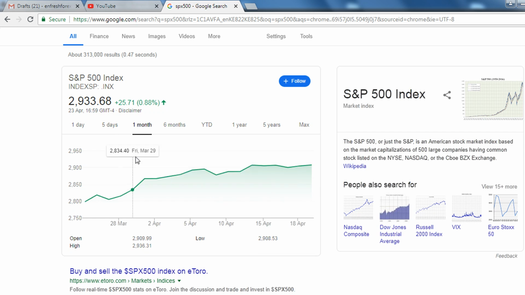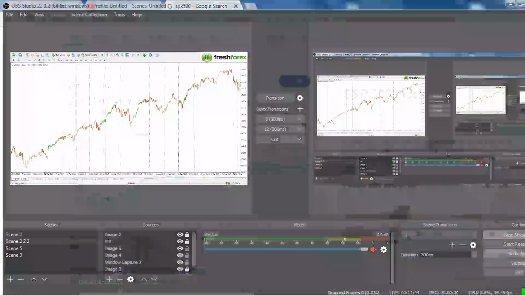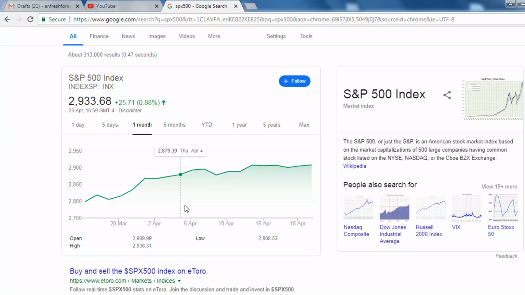And then for the previous month, from around 2798.36, SP500 was below.